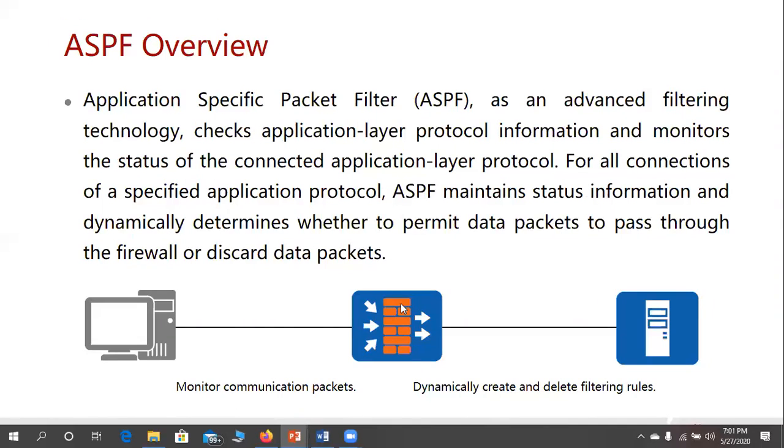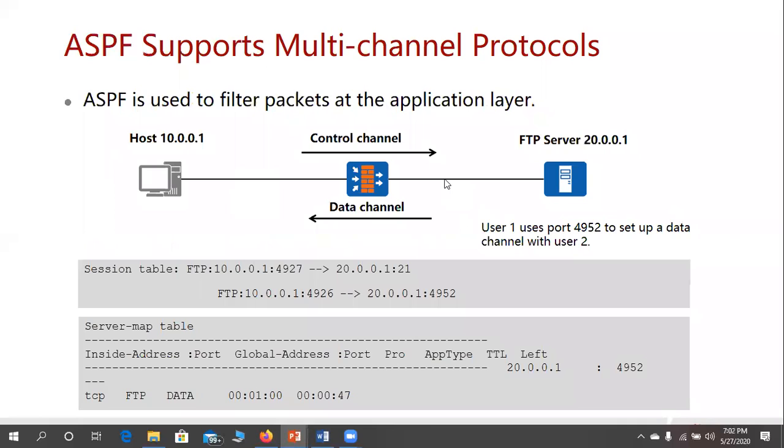So here, ASPF is an advanced filtering technology which checks application layer protocol information and monitors the status of connected application layer protocols. So it creates what is known as a server map to allow these protocols having more than one port number.